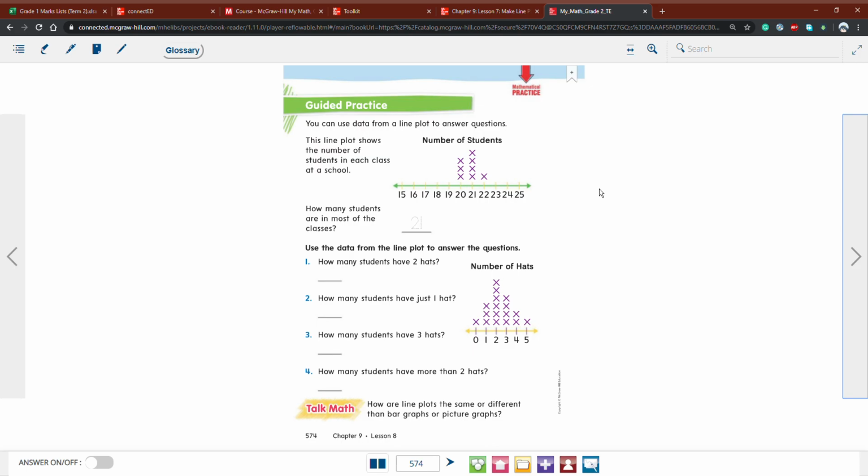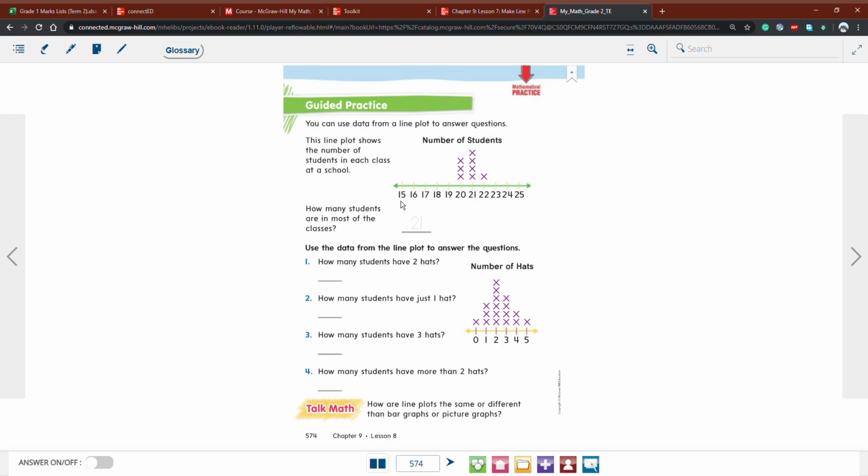So in that case, we will put 2 x's on 17 because 2A and 2C have 17 students. In 2D, we said 20, so we will put 1 x on the 20. And in 2B, we have 18, so we'll put 1 x on the 18. This is the concept. The x here represents how many classes have this number of students.